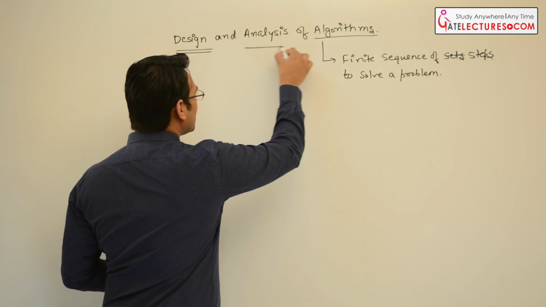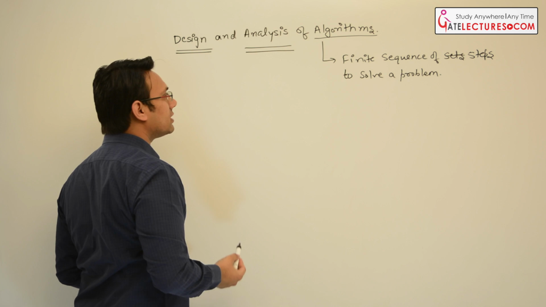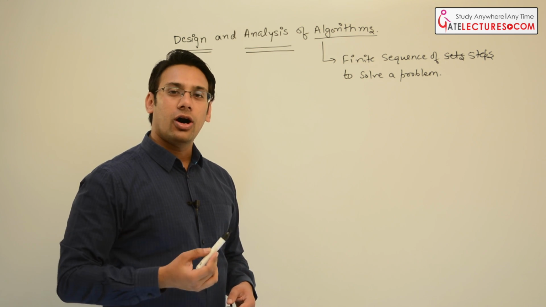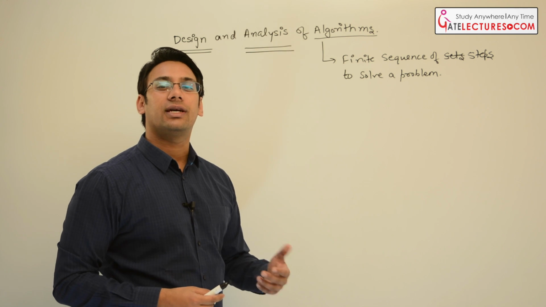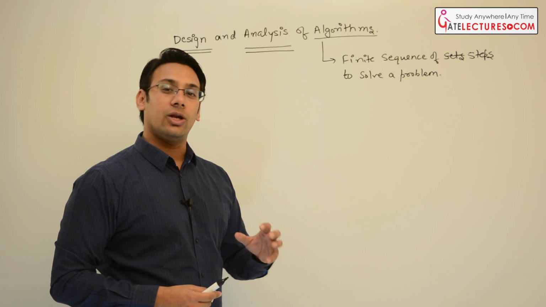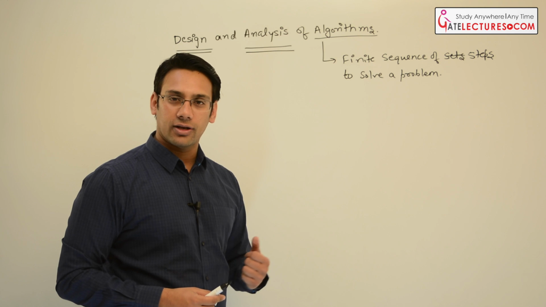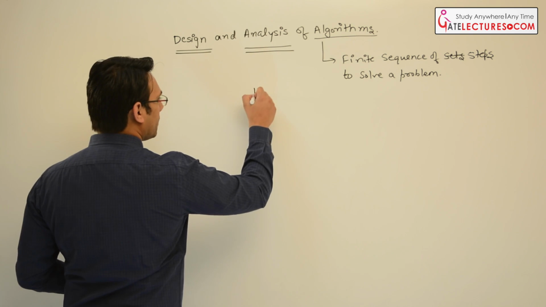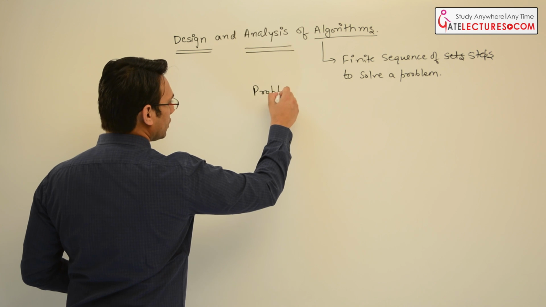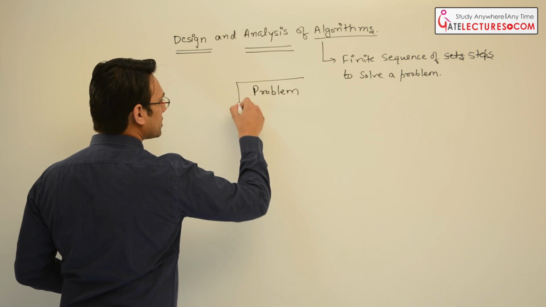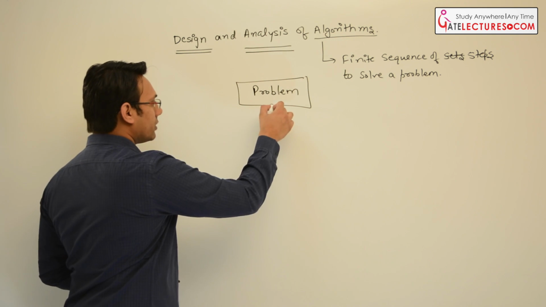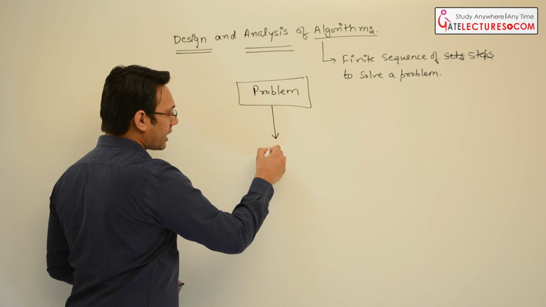And here analysis means we are going to analyze those algorithms on the basis of some kind of criteria. Now what does it mean when I say analyzing those algorithms? Let us suppose you have some problem.